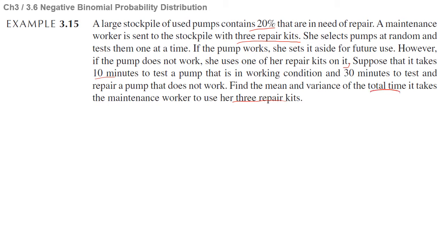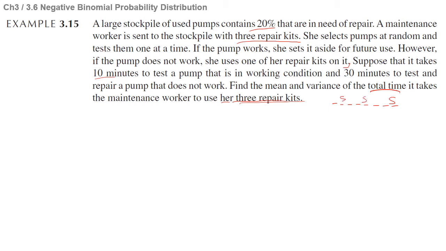What would be the experiment here, and what random variable can we use? Here the repairman has 3 repair kits, and the process ends when she uses all the repair kits. So it is a sequence of Bernoulli trials for finding pumps, and the last event is repairing the pump. The last event is a success, and we will use 2 other repair kits in the middle.